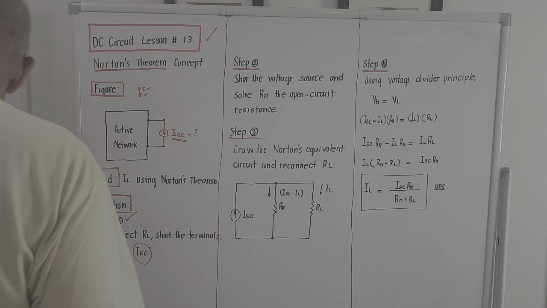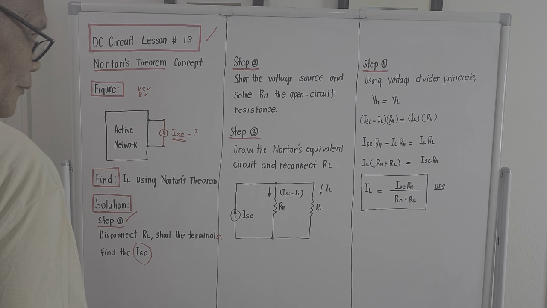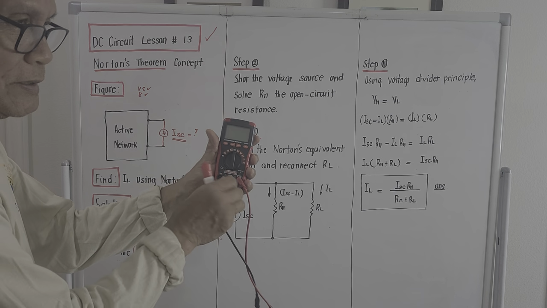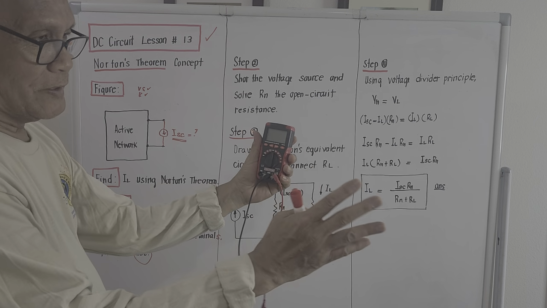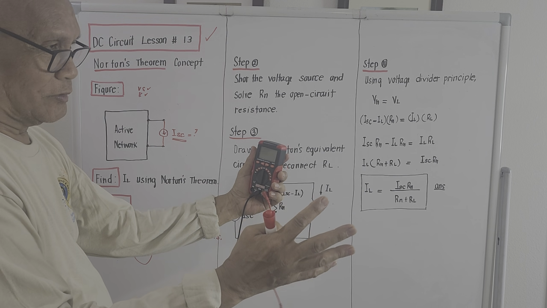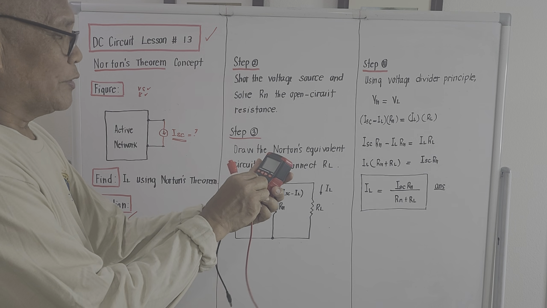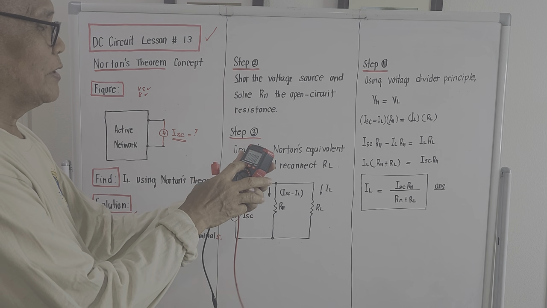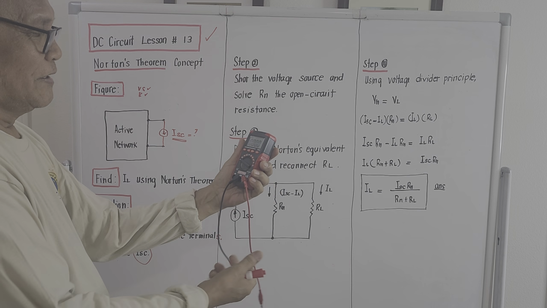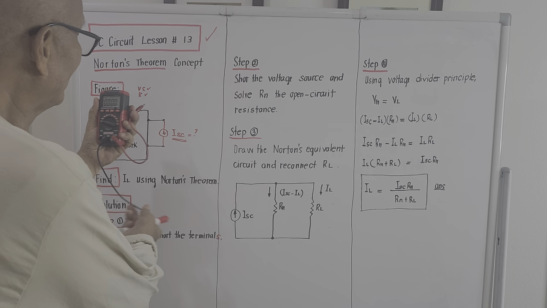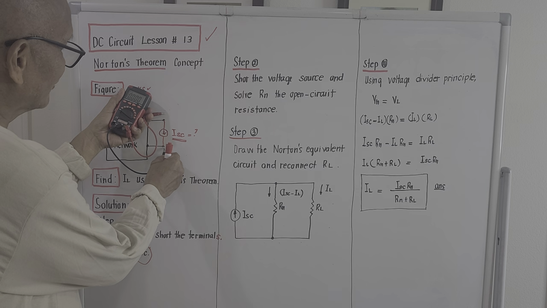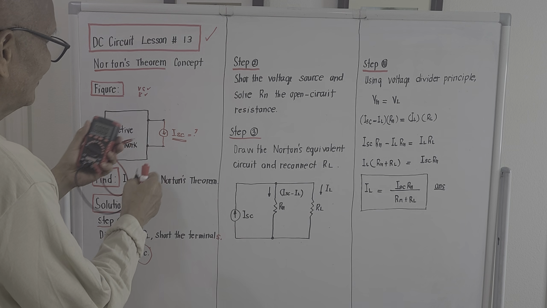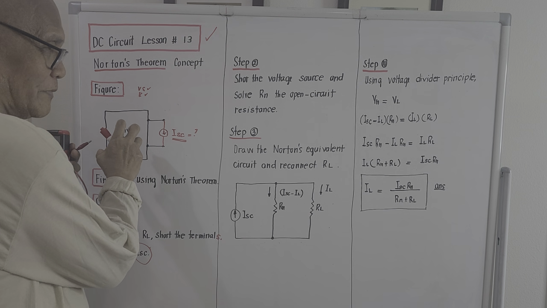And how could we compute the value of the short circuit current? In the actual thing, we will be getting our multimeter here. We set it on the ampere range. If it's DC, we'll just change the mode to DC. Then we'll connect the first terminal here and the second terminal. So this is an active network.